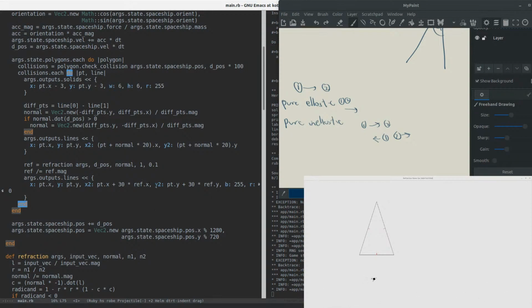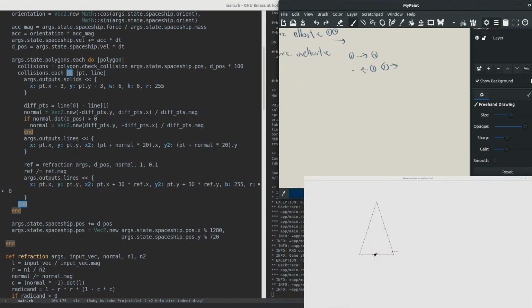Especially since the rotational inertia there, what is that? Our force times distance ends up, I think, equaling our torque. Is that right? Something like that.